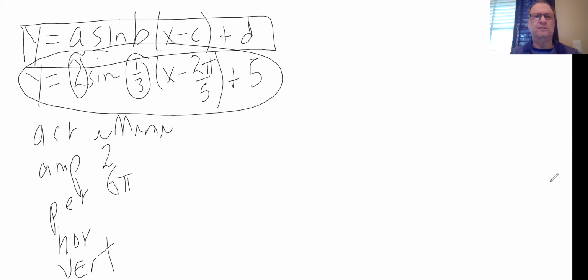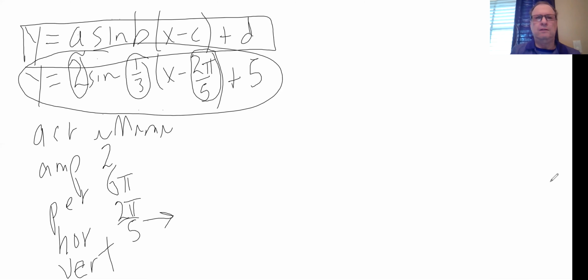If anyone needs me to show you how I got that, I will do that off to the side. Now, the horizontal shift is denoted by C, and I think it's obvious that C would be 2 pi over 5. Because it's positive, the shift is to the right.